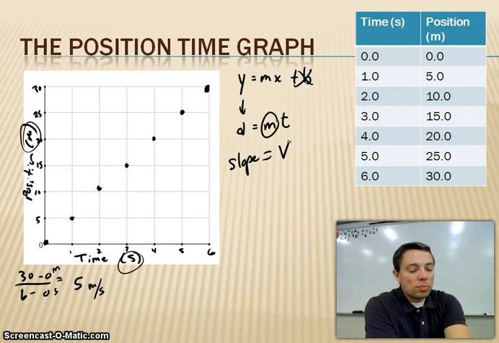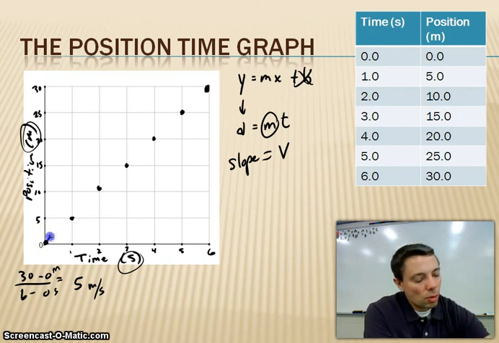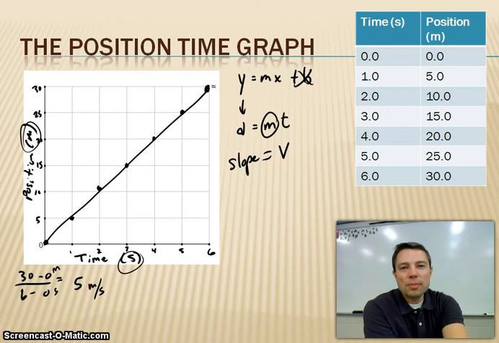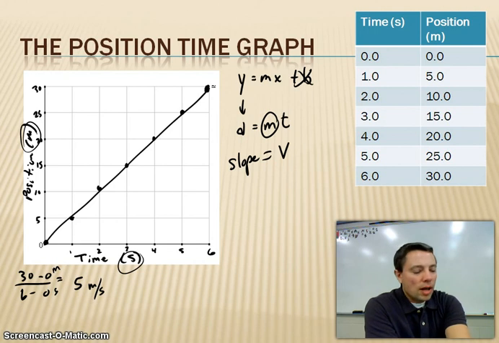And so the slope is equal to the velocity. So now this slope of this line tells me kind of how fast am I changing my position, okay? So it's the rate that my position changes.